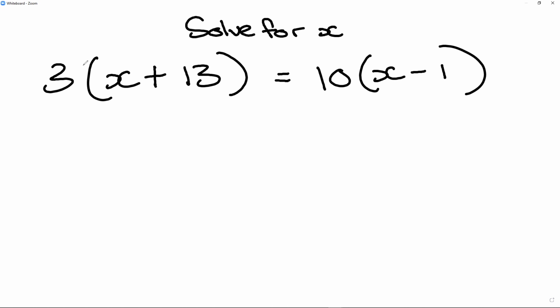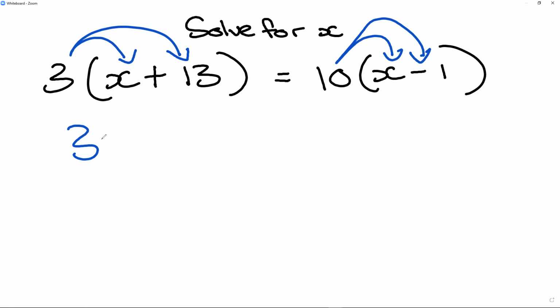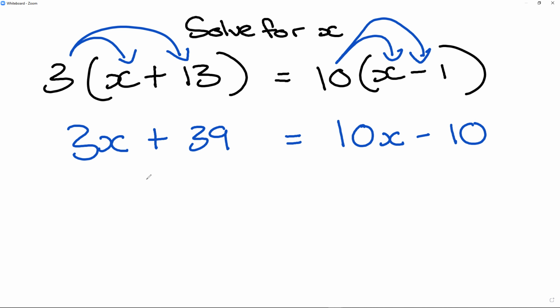The best option here would be to multiply the 3 by the x and the 13, and the 10 by x and -1. That gets me 3x plus 39 and 10x minus 10 on the right hand side.